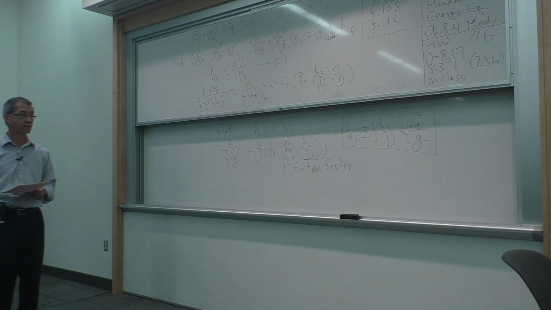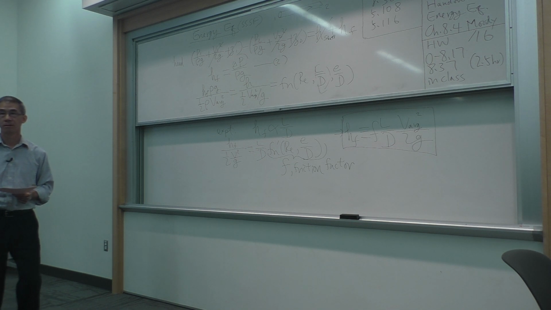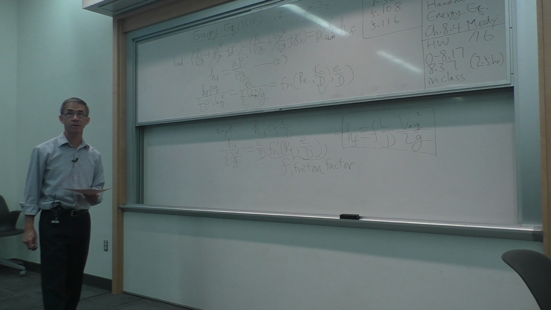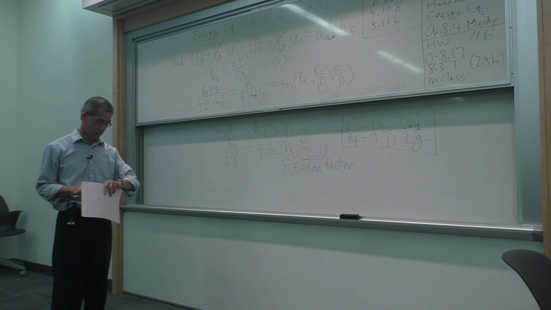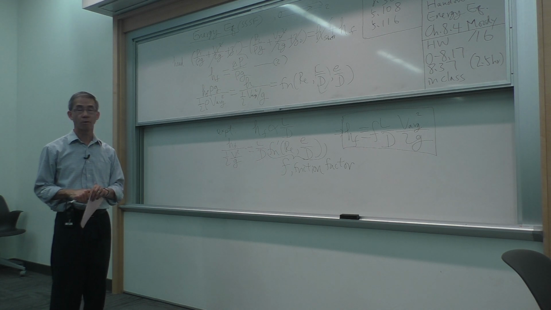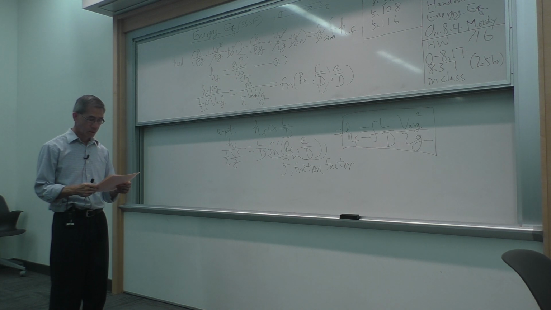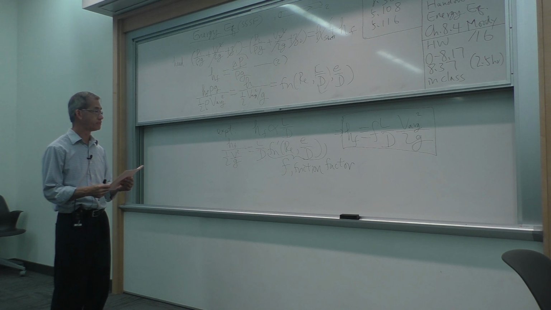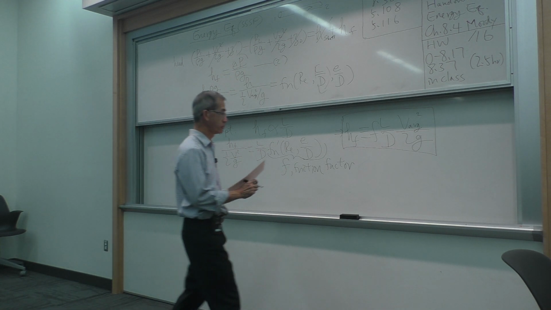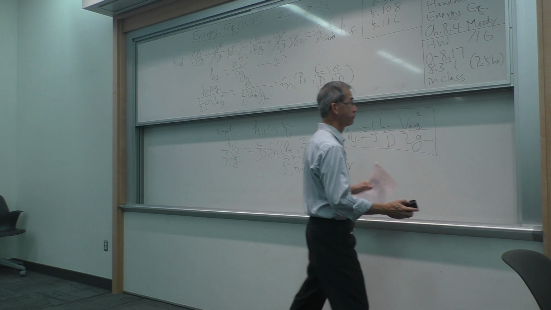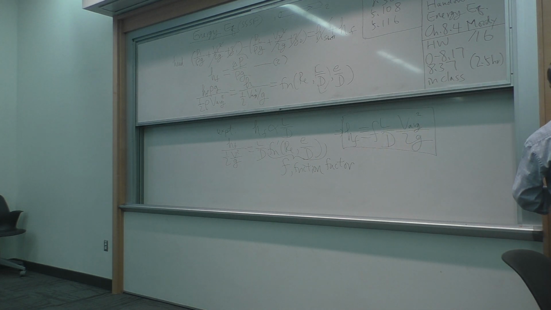The friction factor will be determined from the Moody diagram, and the rest are parameters that you have to tell me: how long is the pipe, what diameter, etc., to get the pump to work. All right, so this is part of what the algebra is for your in-class problem, which is very straightforward. Now I'll stop right here and give you time to do the quiz.